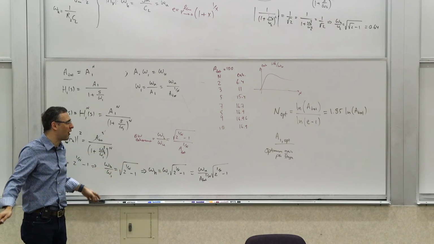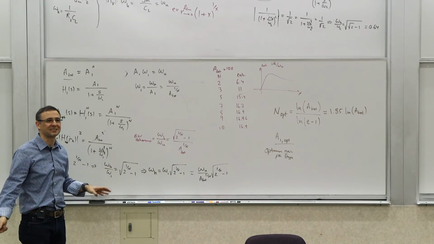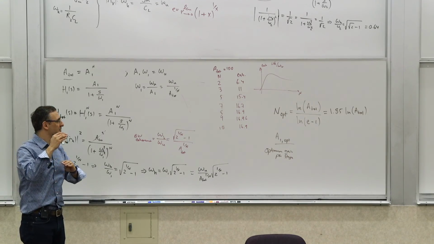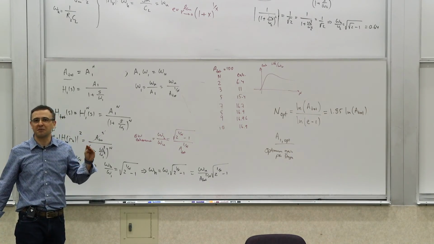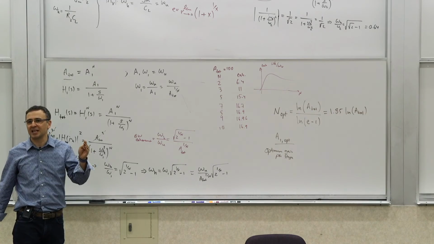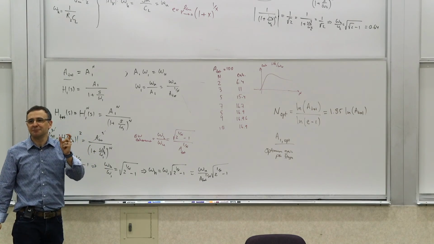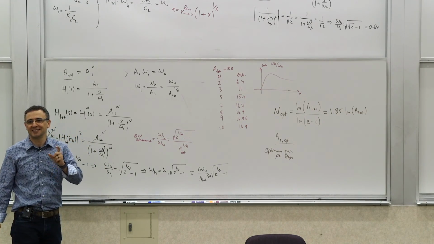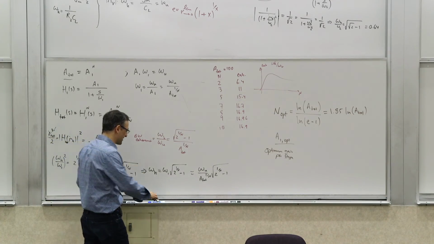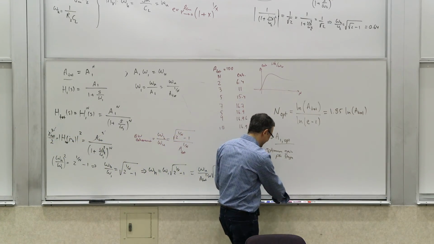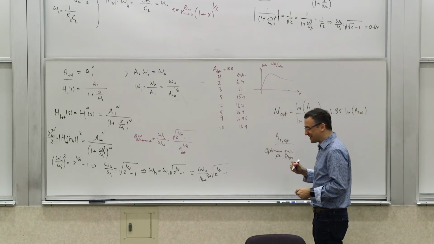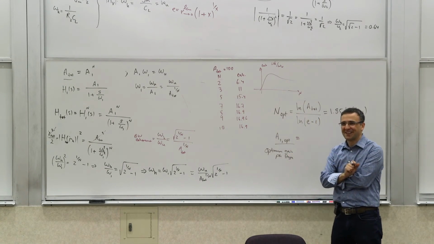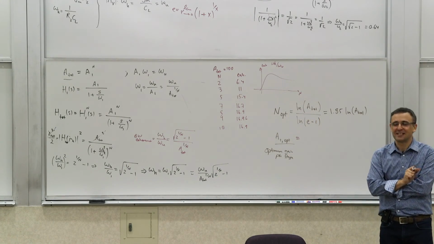This is independent of the A total and all those things. It depends on what kind of target gain. If you shoot for a gain of 10,000 or shoot for a gain of 10, the optimum gain per stage is the same. You're close. You said e. It's related to e. It's e minus 1.